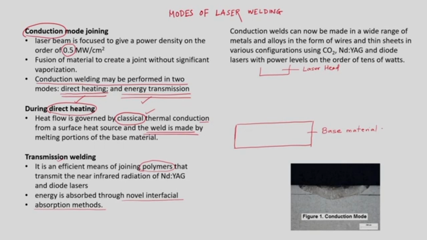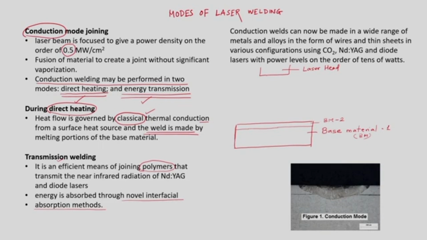This is base material 1, which is thicker, and let us consider another base material 2, a thin BM2, while this is BM1. Now we want to weld BM2 with BM1 by spot welding using lasers.